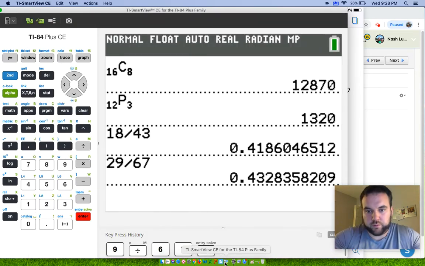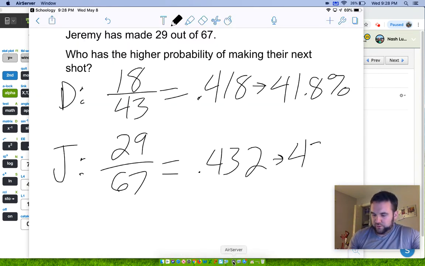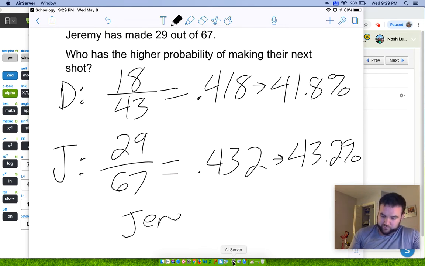It would round to 0.433, not 0.432. But 0.432 means Jeremy has a 43.2% success rate, and that is his probability of hitting the next shot. So who has the higher probability of making their next shot? That would be Jeremy by just a little bit.